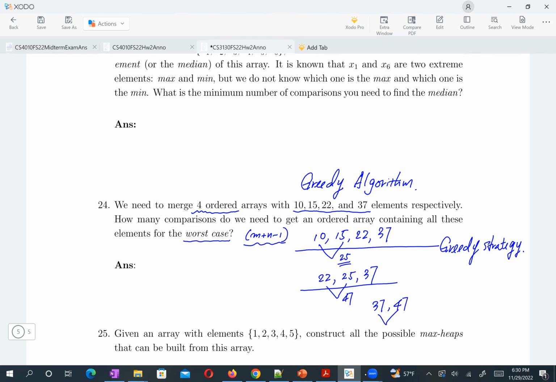If you have a relatively large number of ordered arrays, the greedy algorithm is a good consideration. But we cannot say the greedy algorithm gives you the best solution.